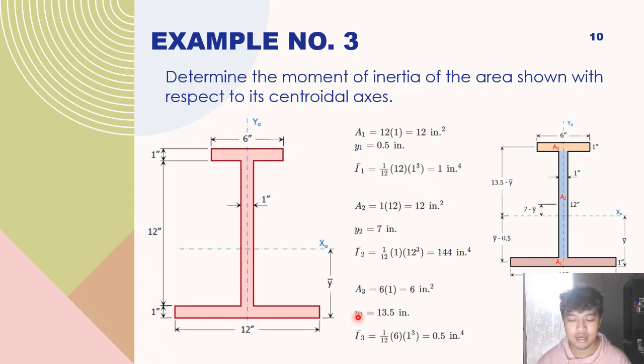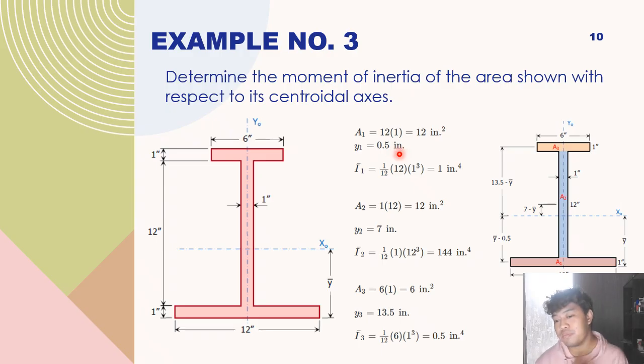Let's reference first at the bottom of the flange so that we can compute the centroid later on. Since this is just a rectangular area, half of the height is going to be the distance to the centroid. So you have 0.5 inch.